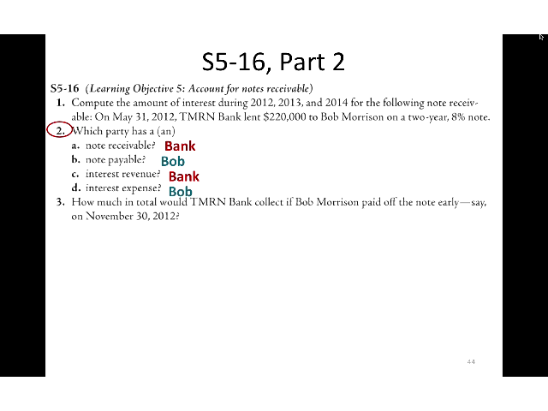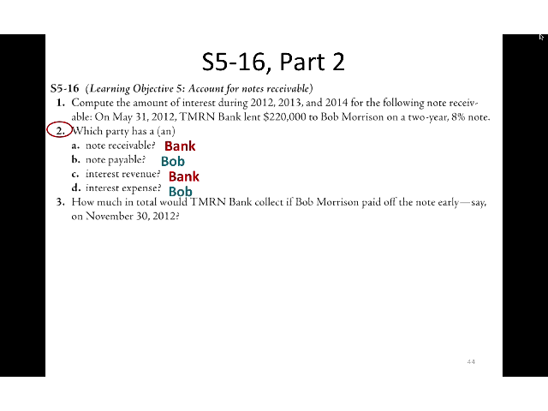Now, part 3 says, okay, let's say that Bob doesn't borrow the money for the full 2 years. Instead, in part 3, it's saying how much would the bank collect if Bob paid the note off on November 30th, 2012.